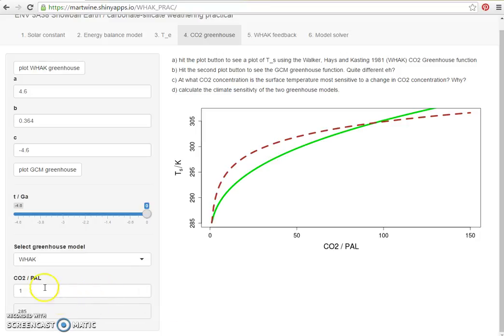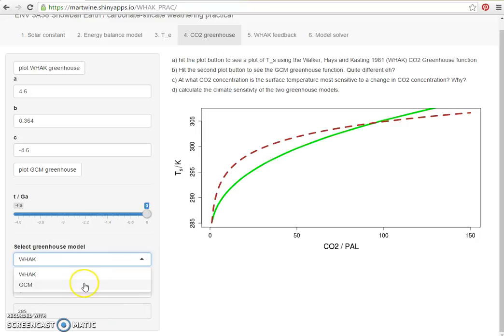So if we look with CO2 at 1 times present atmospheric level, Walker-Hazen-Casting CO2 greenhouse function, we have a temperature of 285. So if we increase that to 2, then that updates to 286.3. So the climate sensitivity of that greenhouse function is about 1.3 degrees C.